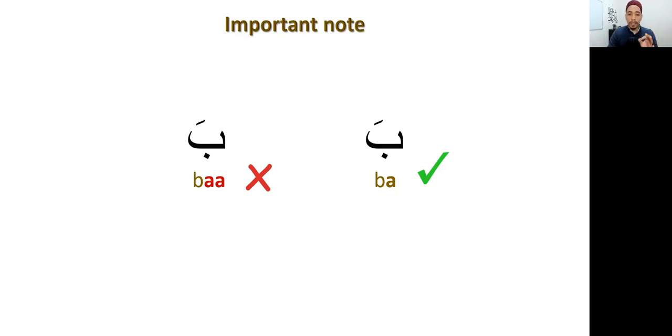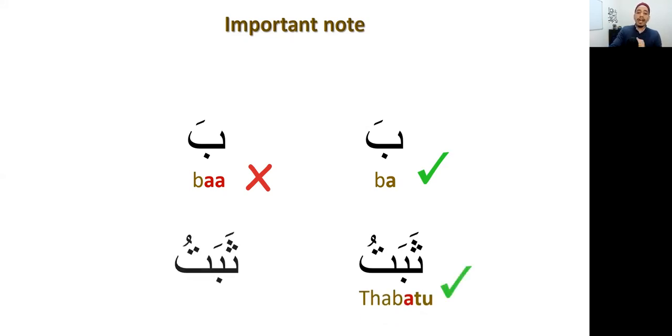Ba, and not ba. Okay, let's do this with an example in a word. This word over here is thabatu. Thabatu. Can you hear it sounds short when I join the word? However, if I read the same word like this, look at the word.